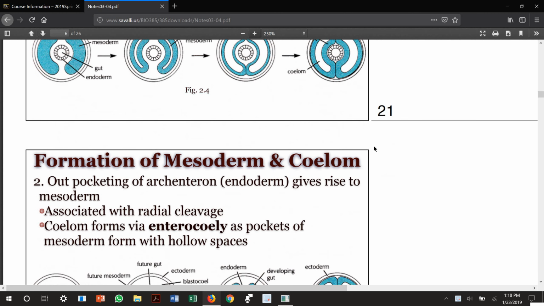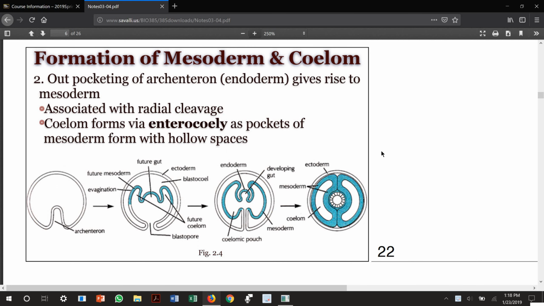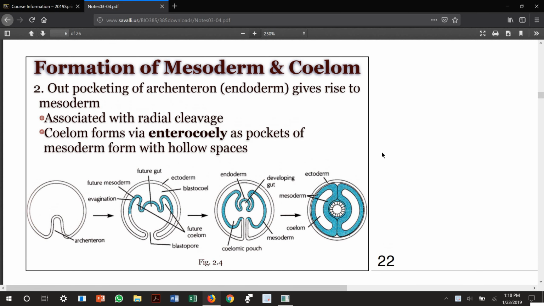The second type is, again, we start with the basic gastrulation here. You're forming a primitive gut. And as that gut begins to develop, you have outpocketings from that gut. That is, these evaginations or outpocketings from the gut here. You still have the blastopore opening.